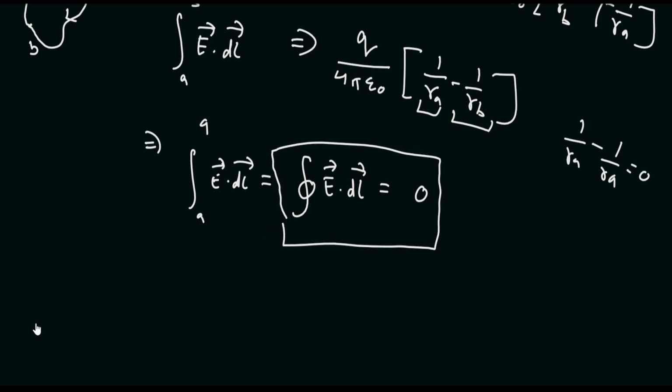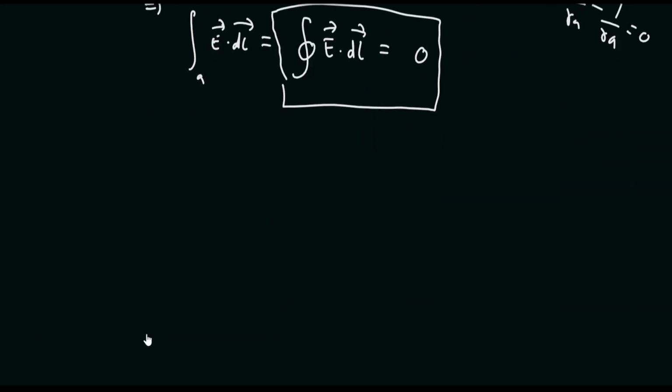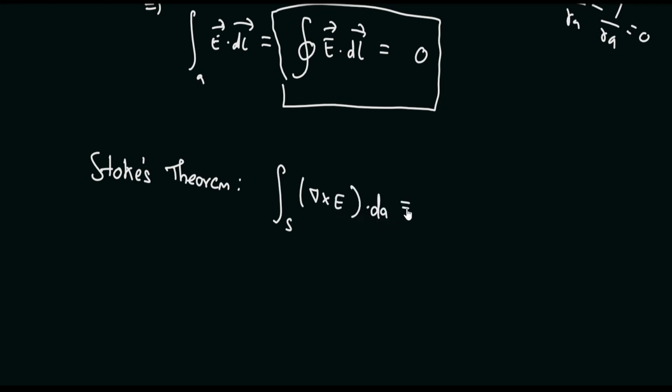Now from Stokes' theorem, we have that the surface integral of the curl of any vector field will be equal to the closed line integral of that field, and the vector field in our case will be the electric field.